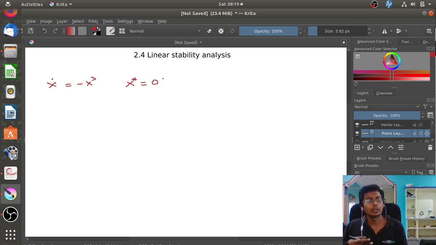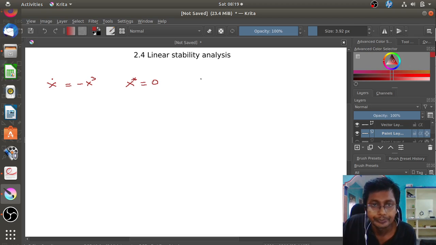Okay, so at that point, what about f prime of x star, which is minus 3 x star square, and we know what x star is, which is 0.